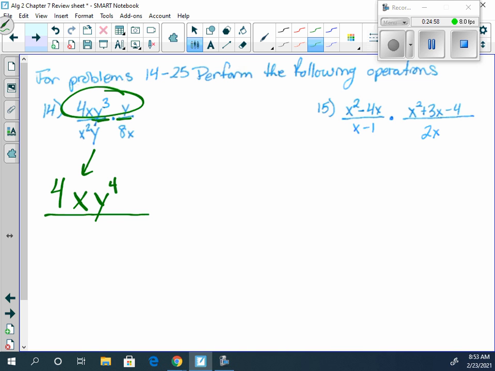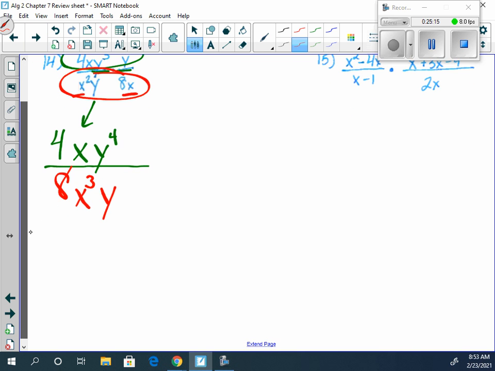That takes care of that. Now let's look at the denominator. 8 is the only number, so we'll have 8. Now we have x squared times x, and x squared times x will be x to the third, and then we just have y. So I just multiplied the numerators together and the denominators together, and got this here.